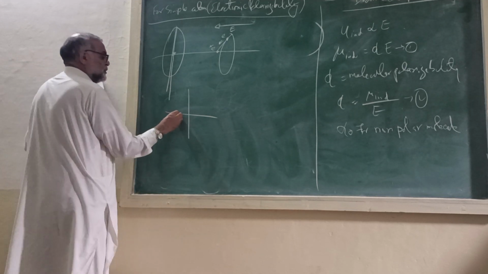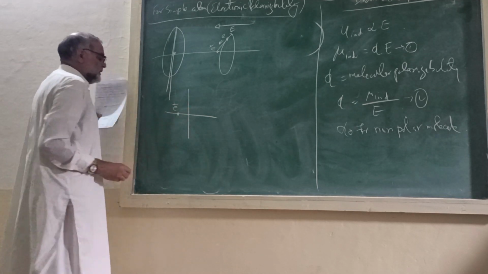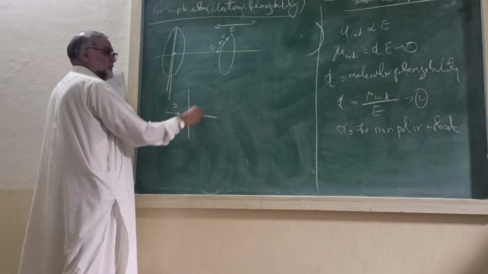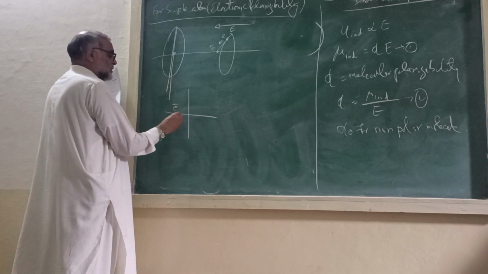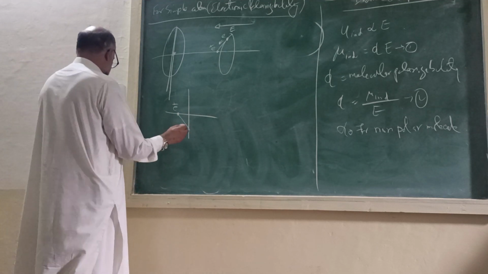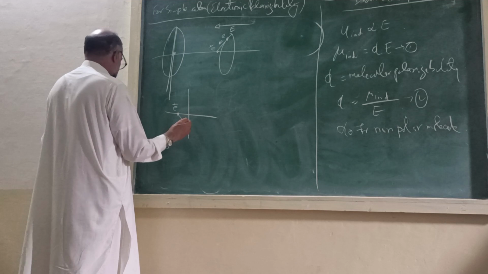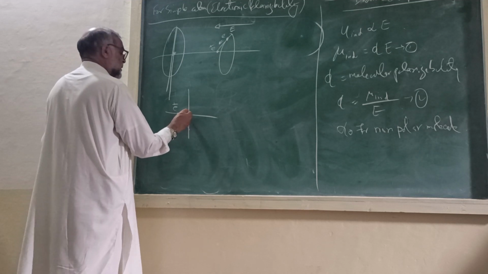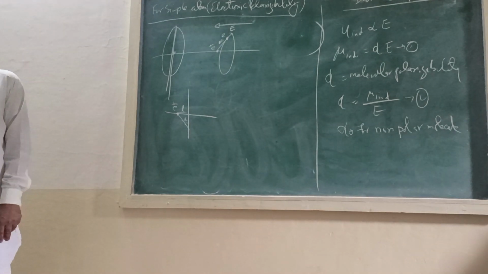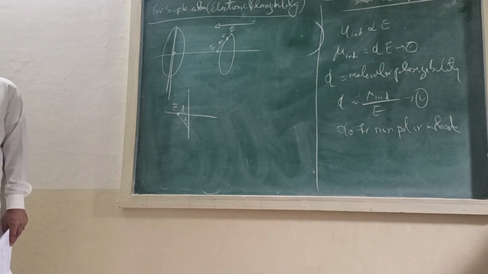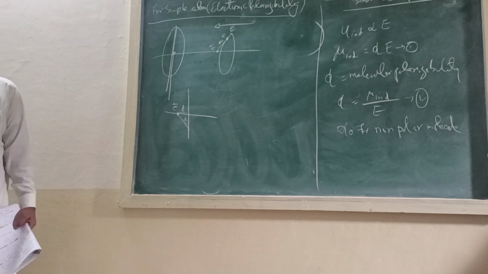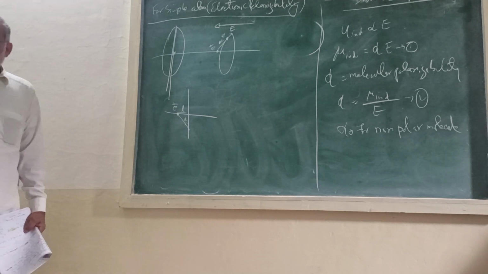That is the positive nucleus, and that is the diameter of the orbit of the electron. I call the separation L, the separation of the center of the orbit from the nucleus.